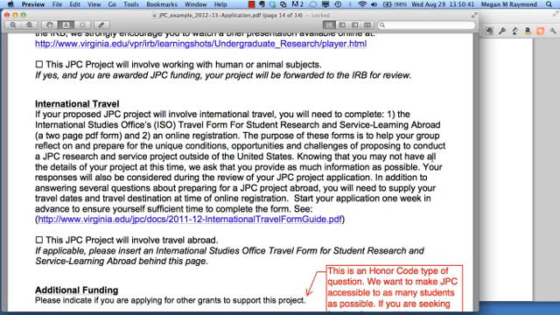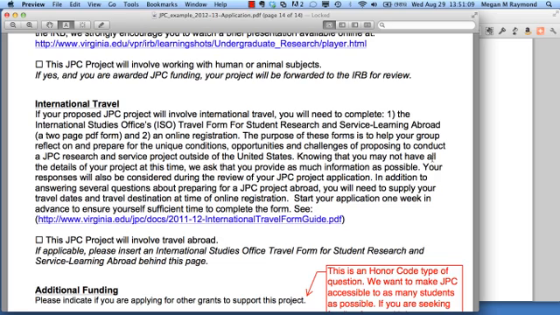Yes, this form does have a lot of questions on it, and it's not something that we're forcing you to do as some kind of bureaucratic exercise. It is really important, and part of the reason the International Studies Office wants this information is if there was some sort of unfortunate event like there has been in the past, an earthquake in Haiti or something along those lines.